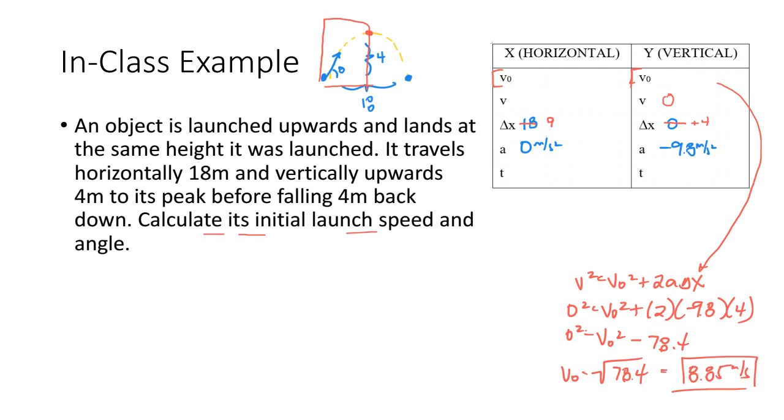I got an initial vertical velocity of 8.85.